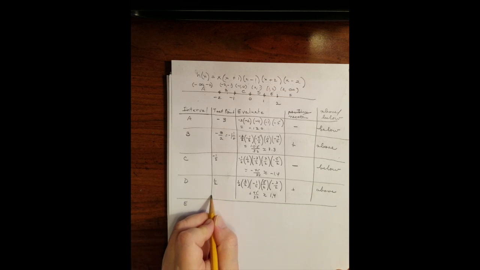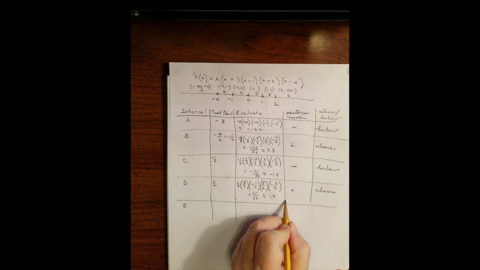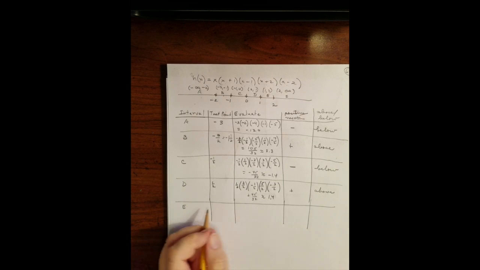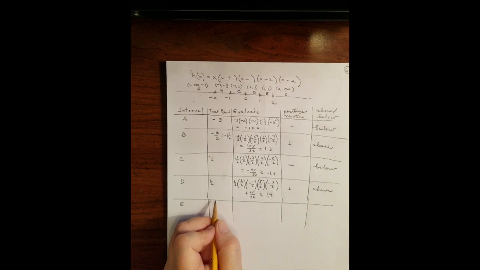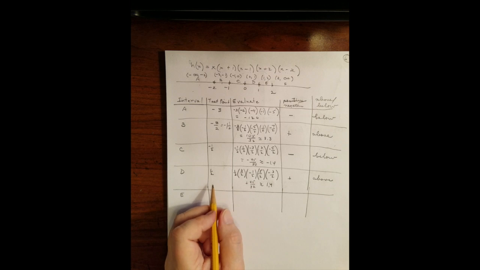Okay, and then in interval E, we would have the test point 1.5 or 3/2.